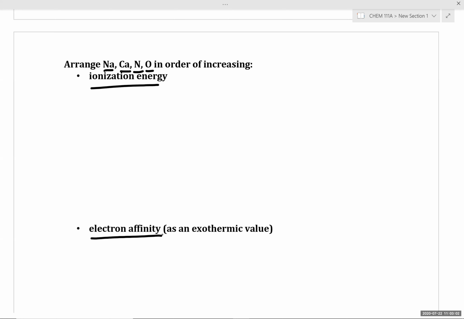And the response I see in the chat for the ranking of each of these atoms in order of increasing ionization energy looks great so far.